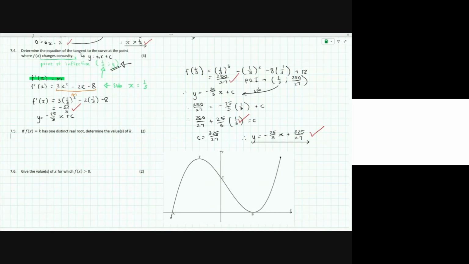The situation of f of x equals k. Remember, k is a constant, so k represents a horizontal line, but let's just understand. So f of x is x cubed minus x squared minus 8x plus 12 equals k. So what's really important is that we understand that k is a horizontal line.